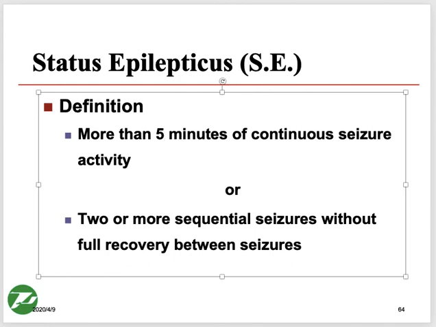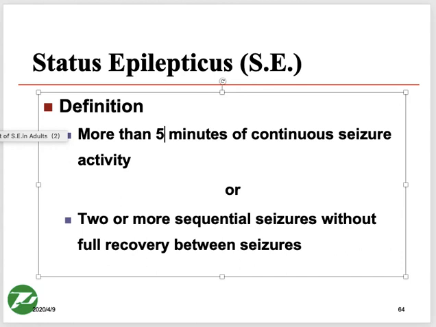Now, guys, you should know how to treat these patients. I will just take 2 minutes to talk about that, and remember, I can ask questions about it in the exams.